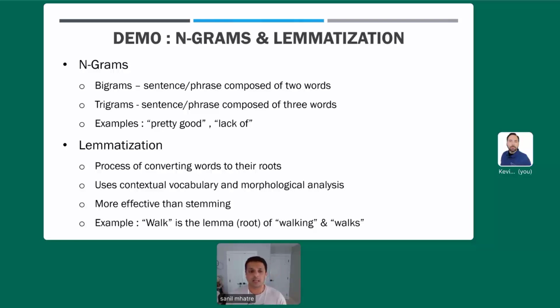Let's also talk about lemmatization. Lemmatization is simply the process of converting words to their roots. It uses contextual vocabulary and morphological analysis. It's just a fancy way of saying that it looks at the words that occur before and after the word of interest to figure out the context of that word in the sentence.